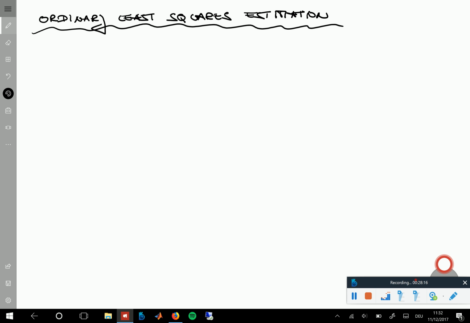So ordinary least squares estimation can also be motivated from a simple linear regression example, where you have some data points and you want to fit a line to it. So again, you can write the line in terms of a GLM.